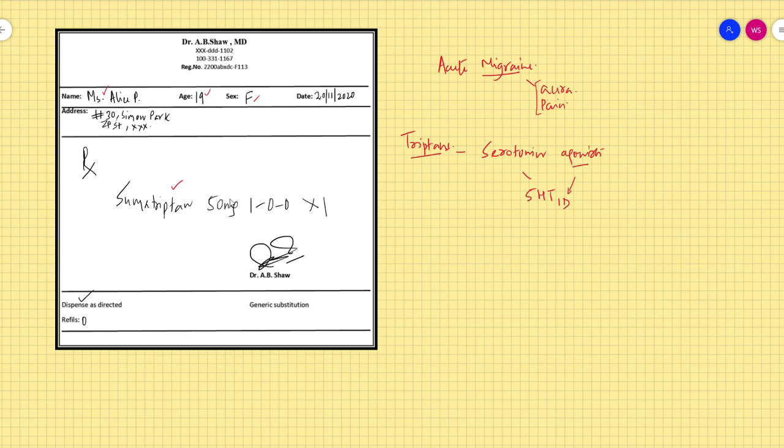So this drug was prescribed at 50 milligram. It's a tablet. Tablets are available as 25, 50, 100 milligram doses. So this is a tablet, and the patient has been asked to take a tablet for a day.